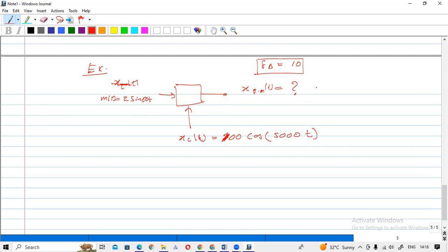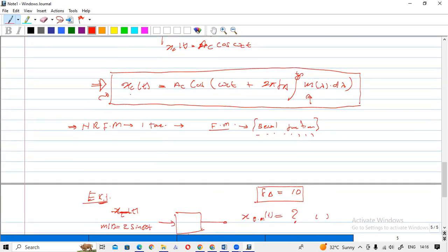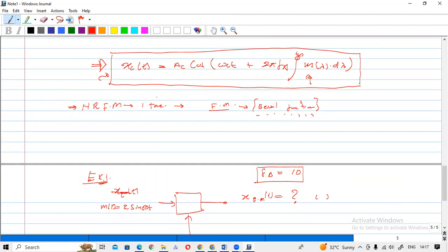Try to do this as a homework. Then I will upload the lecture related to the frequency domain analysis of the frequency modulated signal.